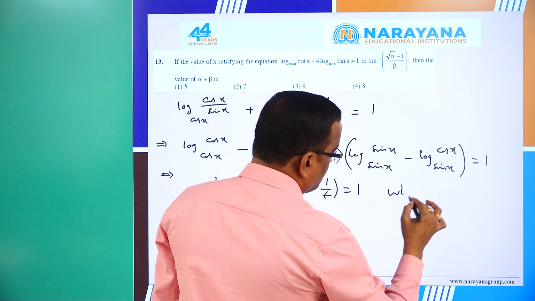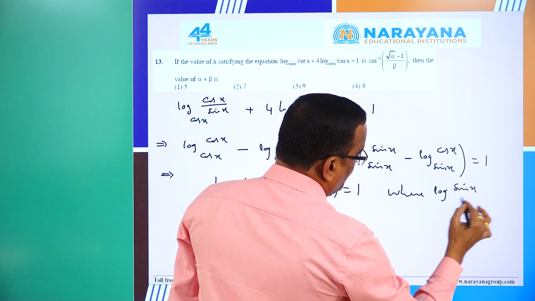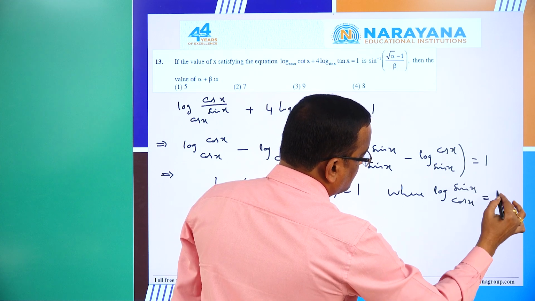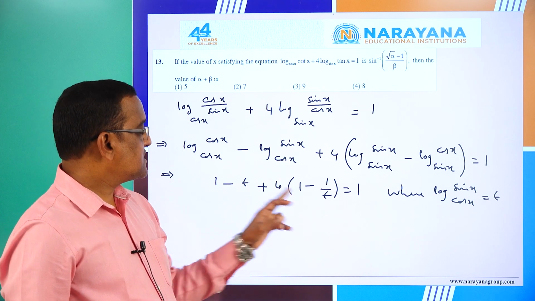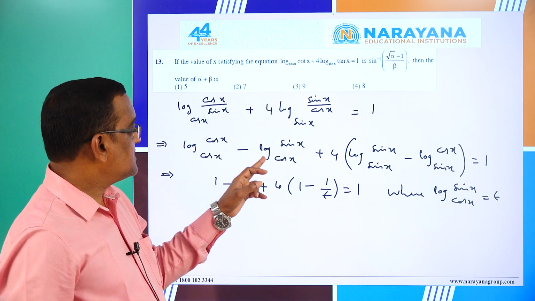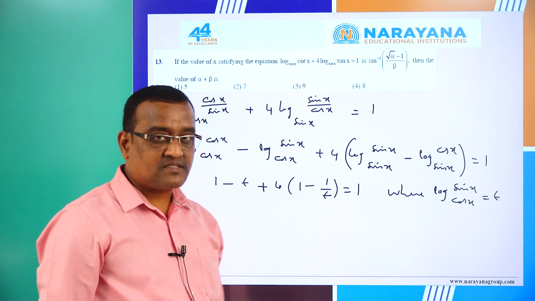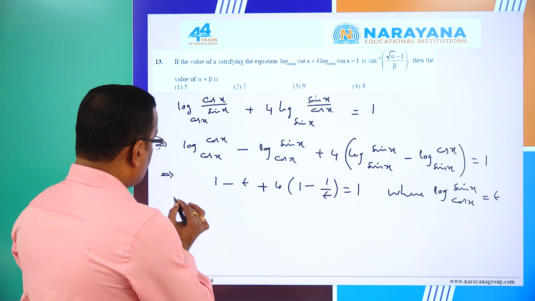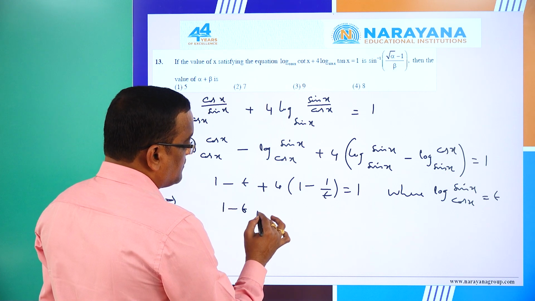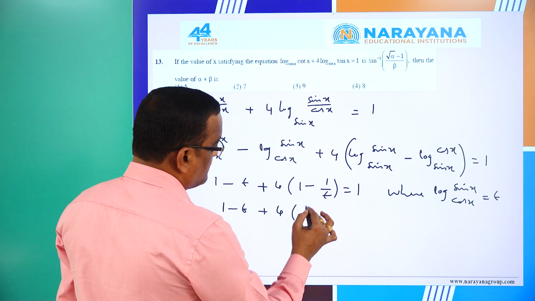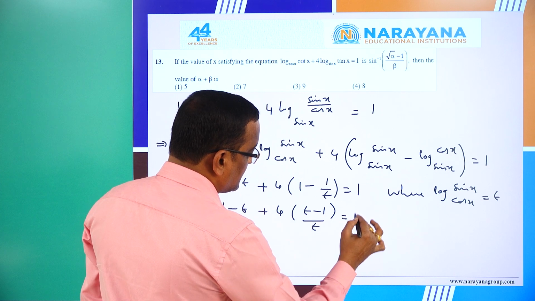What is t here? Log of sin x to base cos x. I am taking log of sin x to base cos x as t, then it becomes 1 minus t plus 4 into 1 minus 1 by t. Now it is 1 minus t plus 4 into t minus 1 by t is equal to 1.